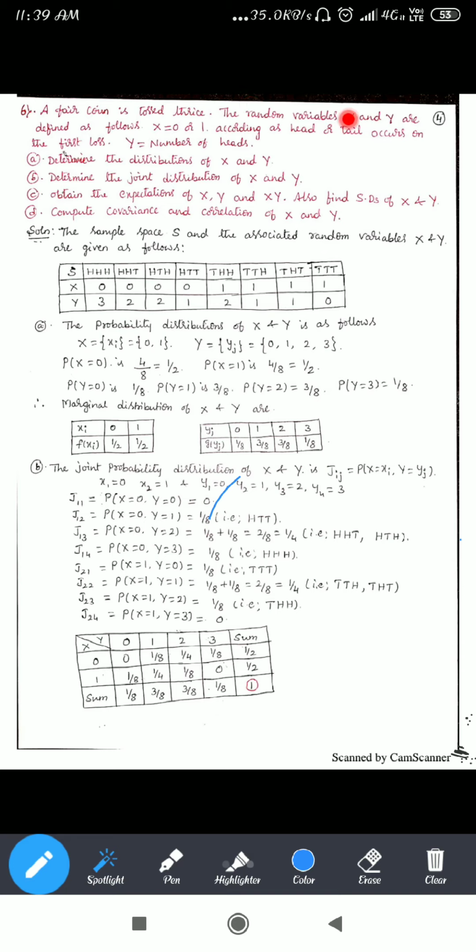So according to head or tail occurs on the first toss. And y means number of heads. So x means number of tails. Now determine the distribution of x and y. Distribution or marginal distribution, both are same.